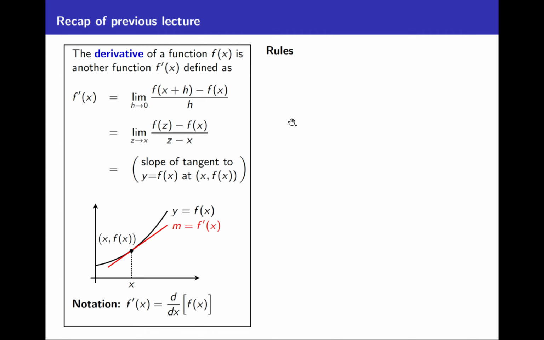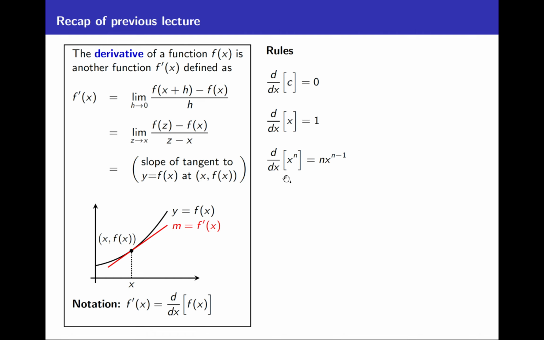And then we developed some rules for computing derivatives in a way that bypasses the limit definition, provided that the function f has the right form. The derivative of a constant is equal to 0. The derivative of the identity function f of x equals x is equal to 1.